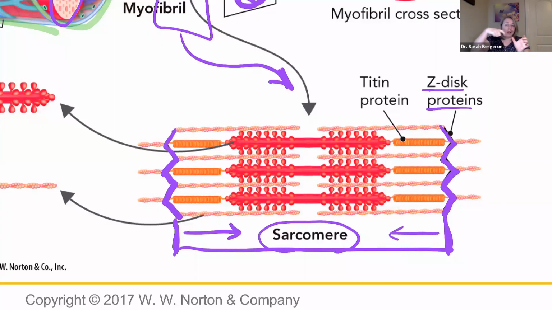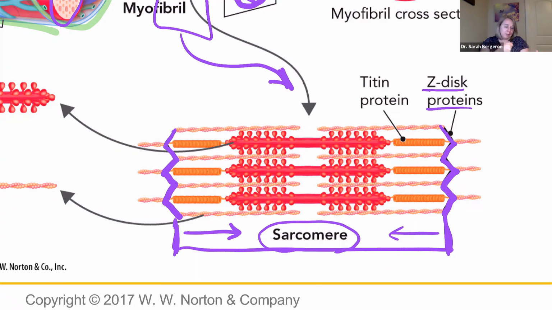But all of the sarcomeres in the entire myofibril, and in the whole muscle itself, are all going to contract at the same time. And so it's going to end up being something big, something strong, because all these little things are happening at exactly the same time.